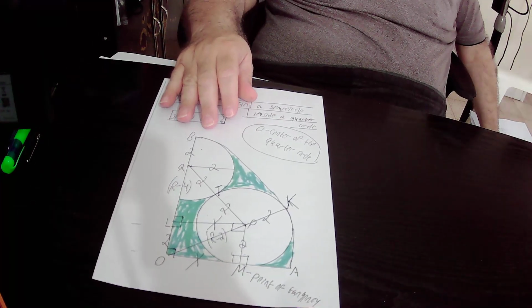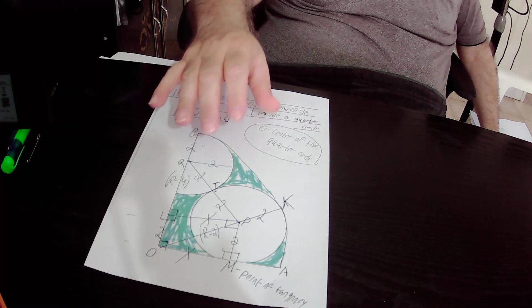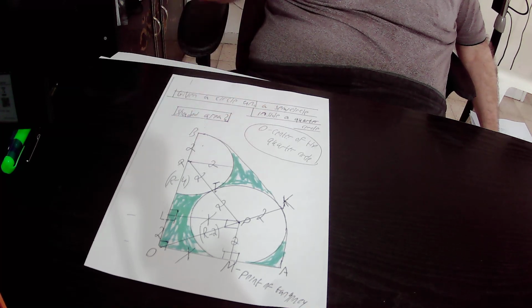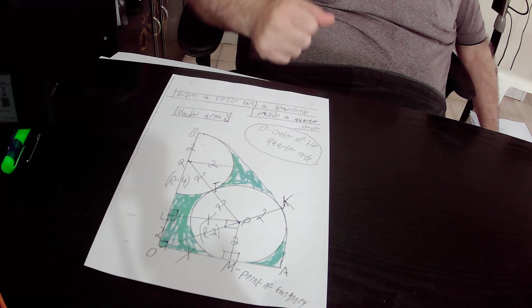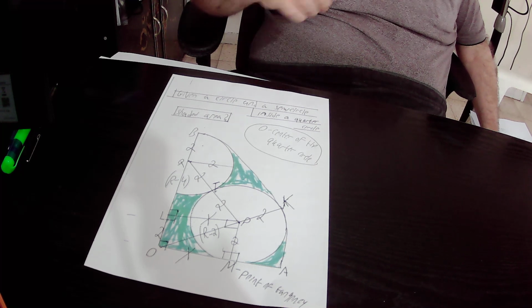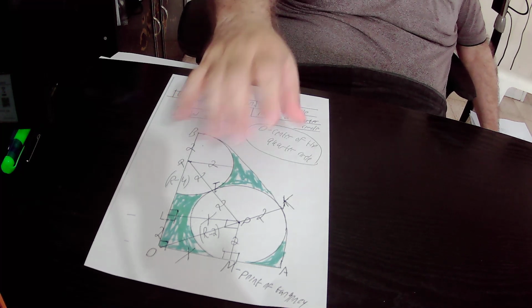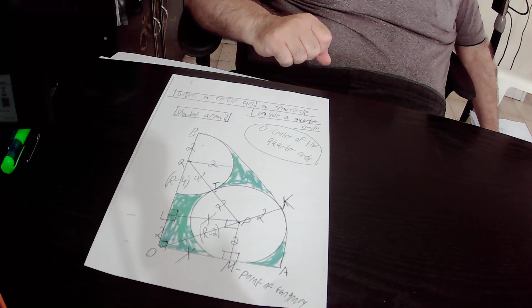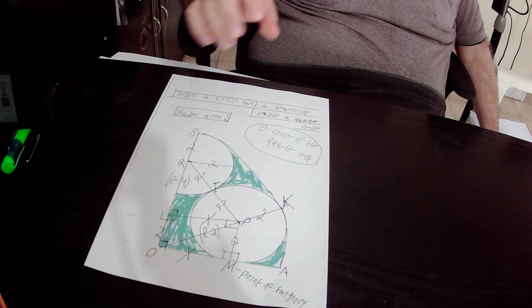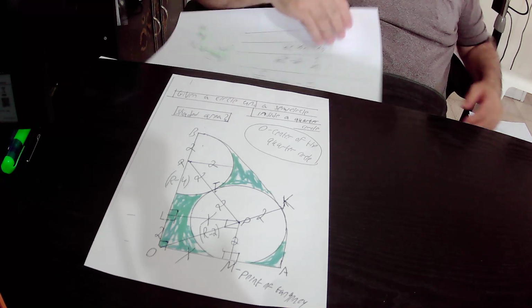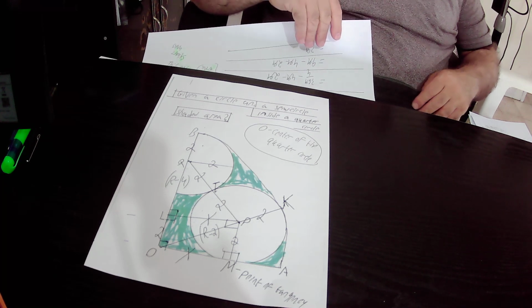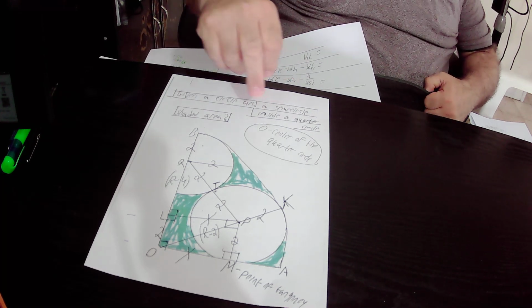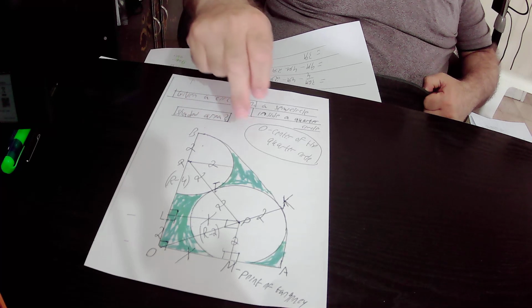Now it is very easy to find the area of the quarter circle. It will be equal to the area of the circle, that is pi R square, divided by 4, so the area of the quarter circle is pi R square over 4. And what is the value of the shaded area?